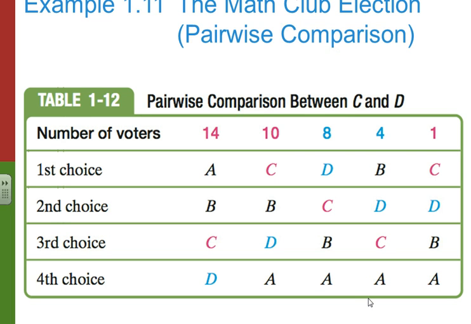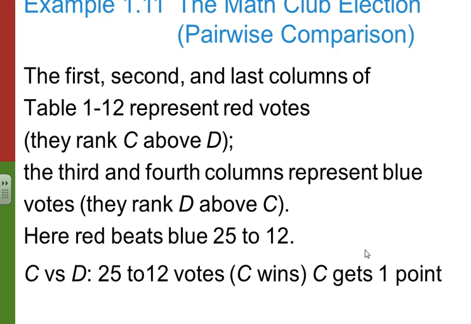We're going to compare C versus D. Looks like C gets 24. No, 25 for C, and only 12 for D. Okay.